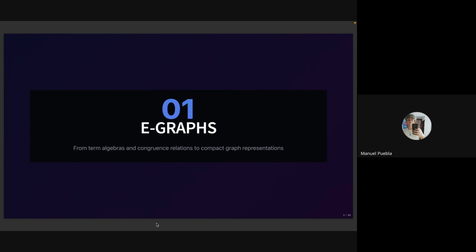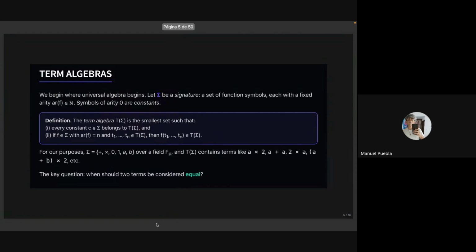And to talk about e-graphs, we need to say a little bit about term algebras. It's not going to be very long, but it's more mathy than anything else. So we need functions. Those live in a signature that we call sigma, and it's a collection of functions. Each function has its arity that more or less says how many inputs that function takes.